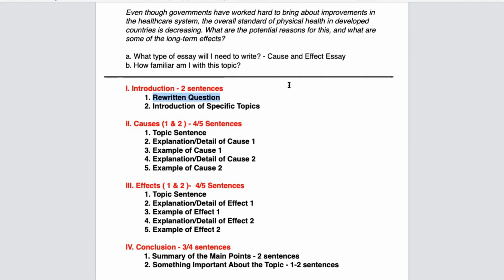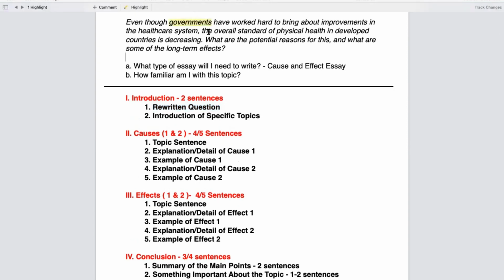So even if you're not an expert on the topic, really brainstorm and think of anything that you can write or what comes easiest to you. So again, just thinking about the keywords, I remembered that governments was a keyword. We were talking about the healthcare system, and we were talking also about physical health in the developed countries, okay? And again, we're looking at reasons and effects.